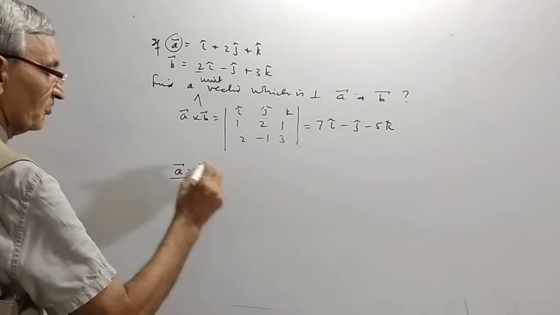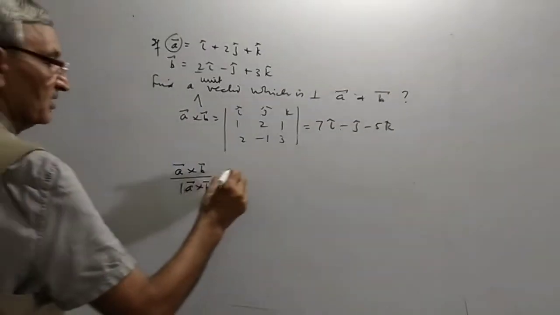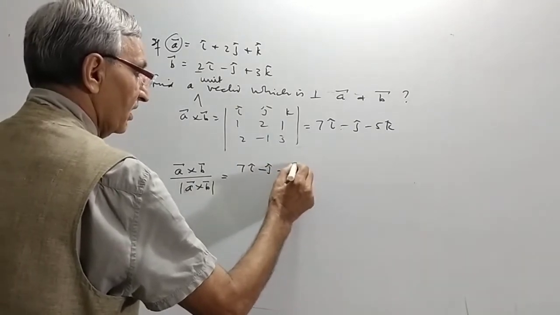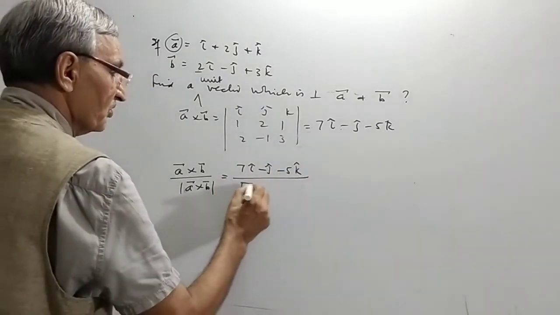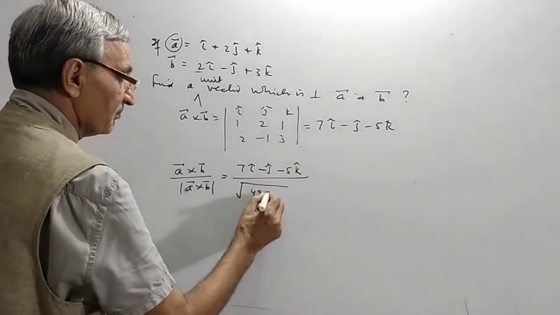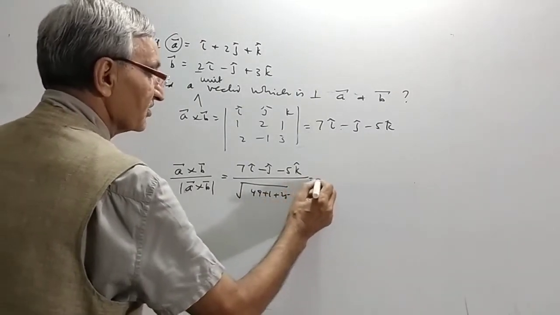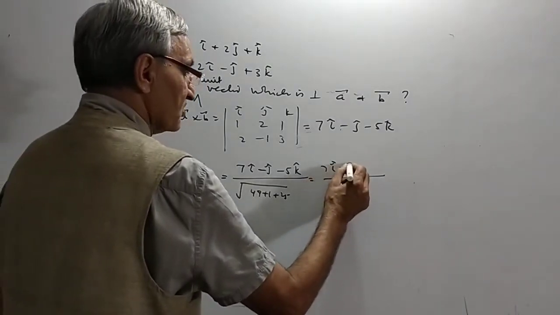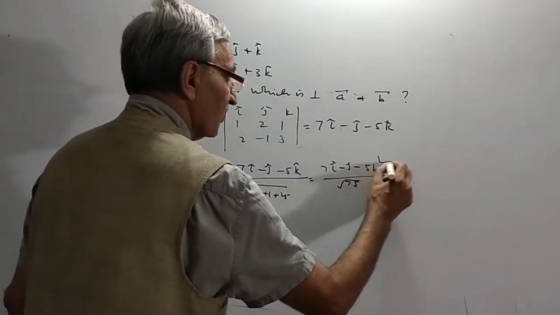You divide the vector by its magnitude. We know this is a unit vector which is perpendicular to A and B. What is the magnitude? 49 plus 1 plus 25 is equal to 75, under root, so it is (7i minus j minus 5k) divided by root 75.